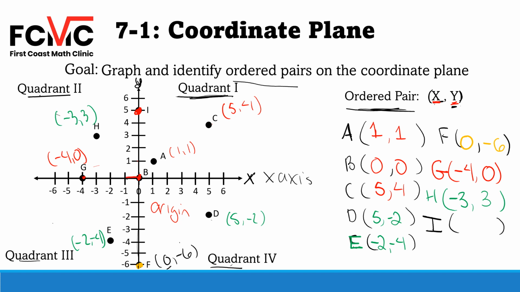We don't have to move left or right at all. We have to move up, right? So if we don't have to move left or right at all, that x value doesn't need to change. So x is going to stay 0, but y is going to go 1, 2, 3, 4, 5. So y is going to be 5. So my I value is 0, 5. Okay.